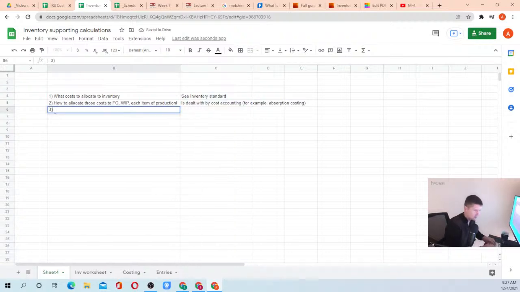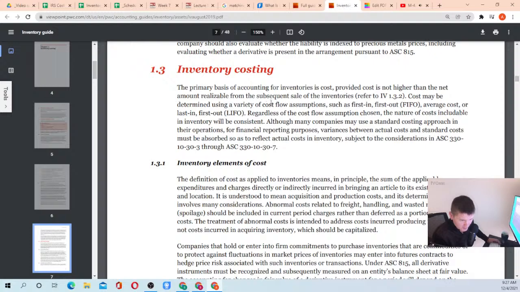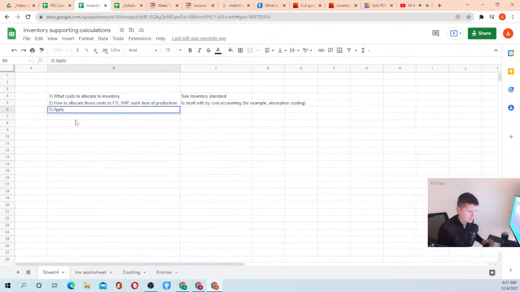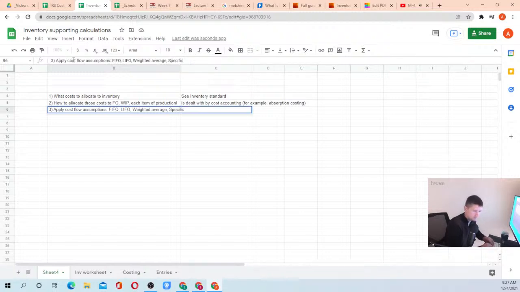Then we apply cost flow assumptions, as they are called in the standard: FIFO, LIFO, weighted average, and maybe specific identification.